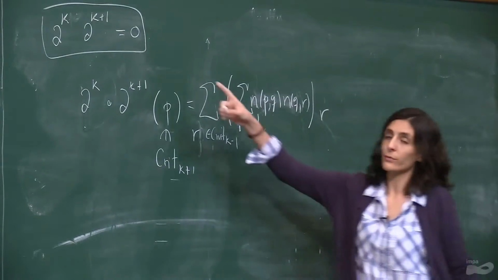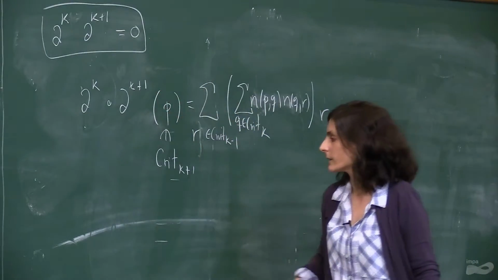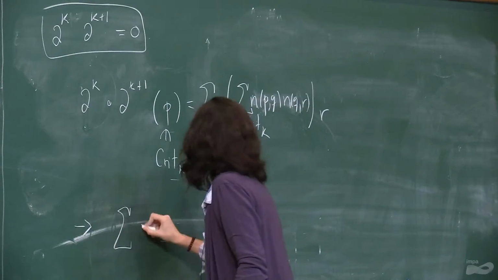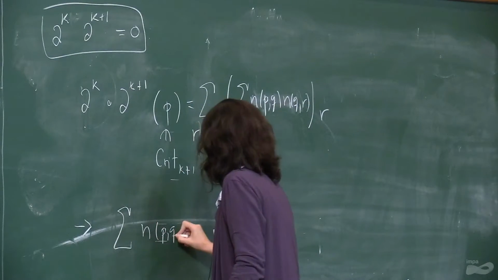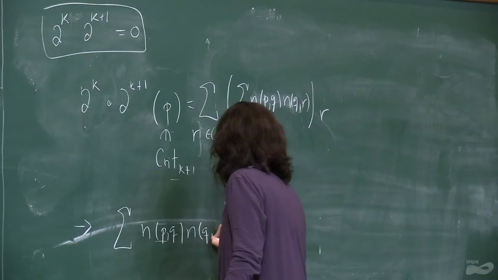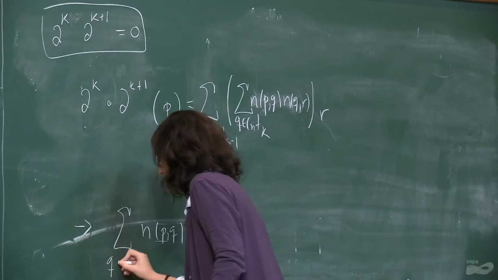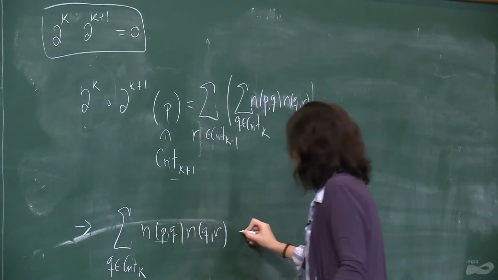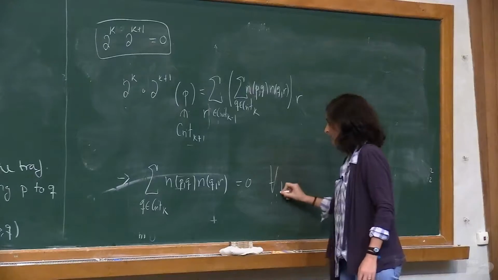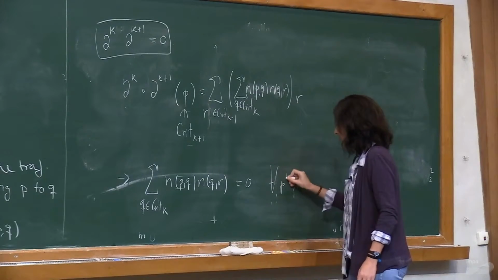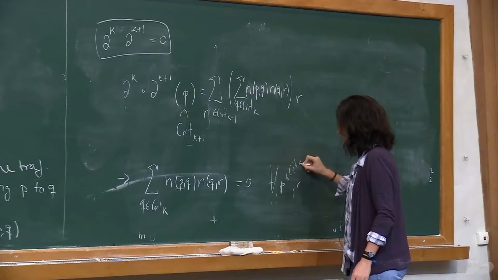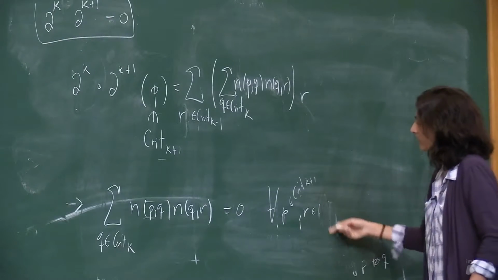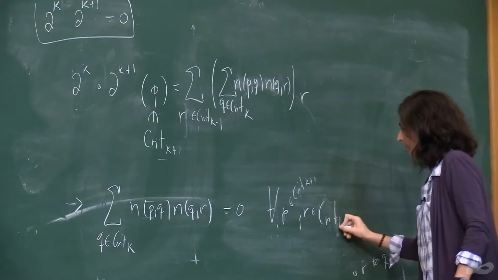In order to prove that this is 0, it suffices to show that this sum, N of PQ times N of QR, with Q in the critical points of index K, is 0 for all P and R. So P of index K plus 1 and R of index K minus 1.